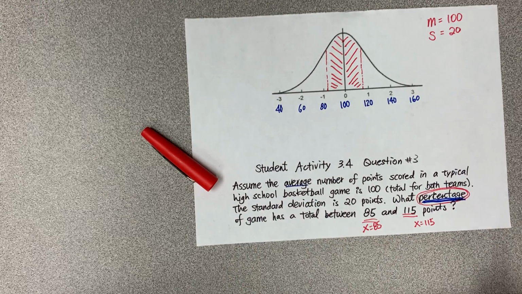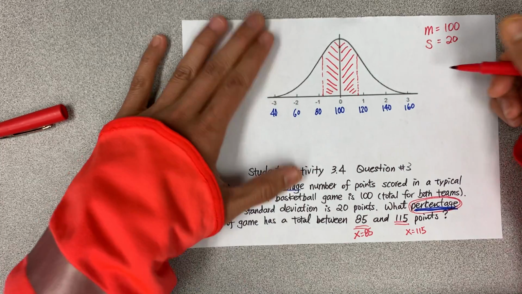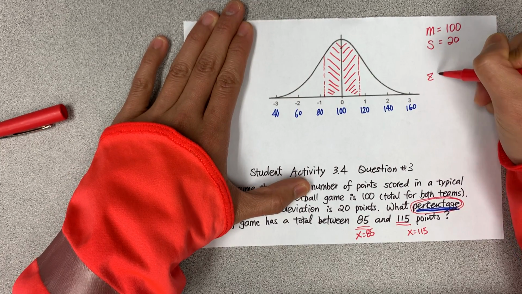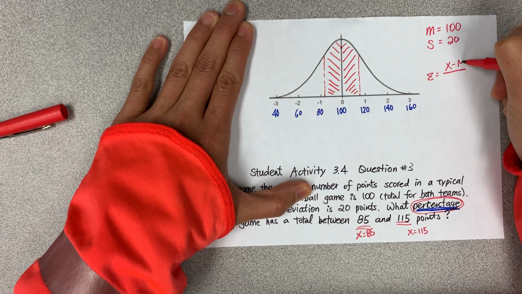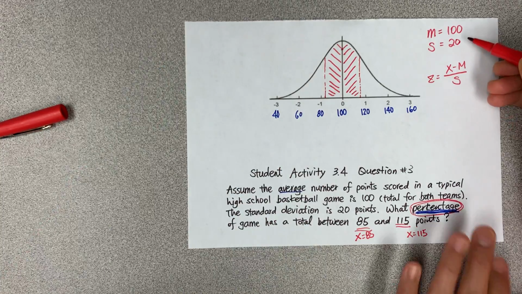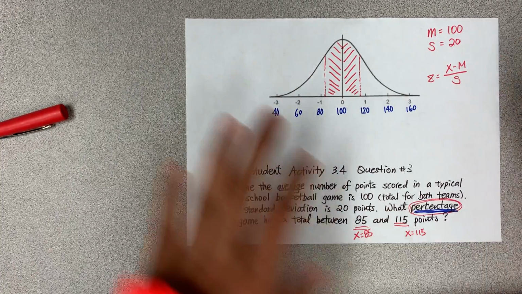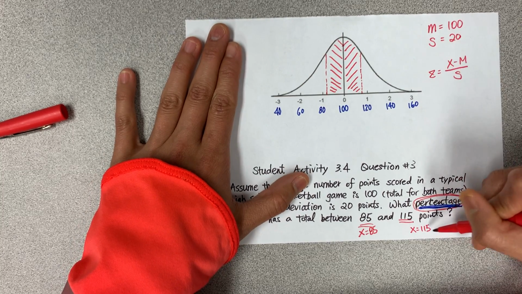So what we can do is actually to use this equation, Z equals X minus the mean over standard deviation, okay? So with the information we have, we are going to do the 115 first, okay? So raw score of 115.